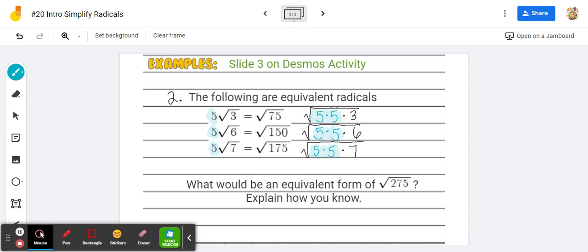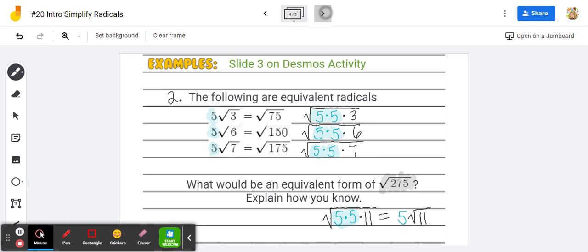So 25 times 3 is 75, 25 times 6 is 150, and 25 times 7 is 175. What would be equivalent to the square root of 275 then? 5 times 5 times 11 makes 275. So we could write this as the equivalent expression 5 square root of 11.